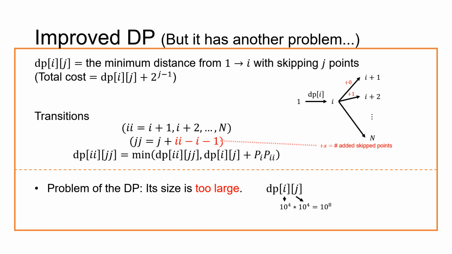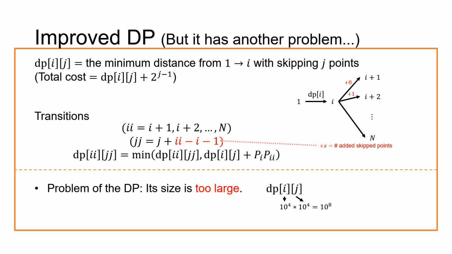Then, let a variable ii be the next passed point after i, and a variable jj be the number of skipped points up to ii. The variable ii ranges from i plus 1 to n, but jj can be determined by i, j, and ii as follows. So the transition equation is well defined in this case, and the previous problem has been solved.